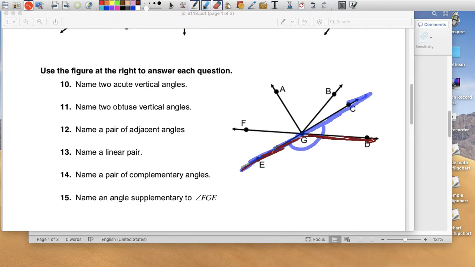That angle. So this red angle with that blue angle gives you 180. And let's give them names. So it's angle EGD, which is this red one. And the blue one is, I think this is a D, DGC. So those two are side by side, and they equal 180.